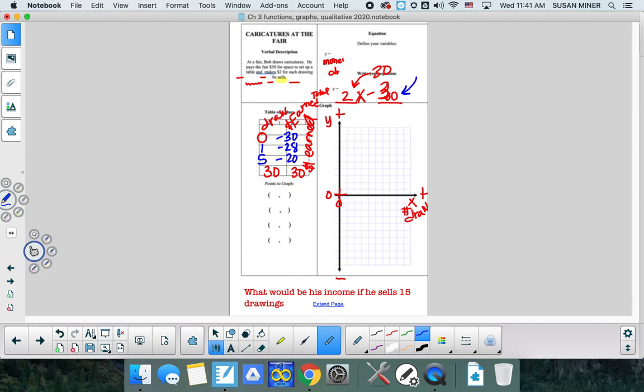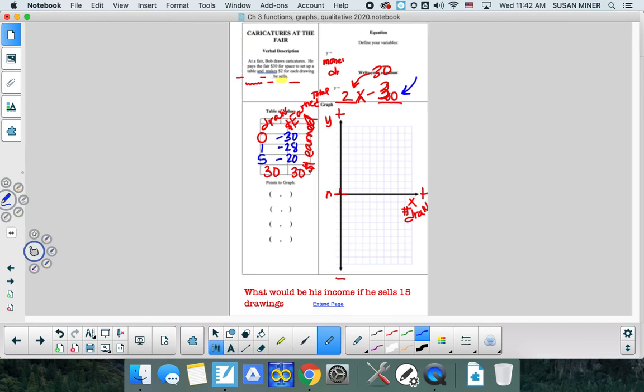Let's go by tens here. Let's see if that's going to get us there. Let's go by fives actually in both directions. That'll help. That'll be a good scale here. So this was 0. This will be minus 5, minus 10, minus 15, minus 20, minus 25, minus 30, minus 35.